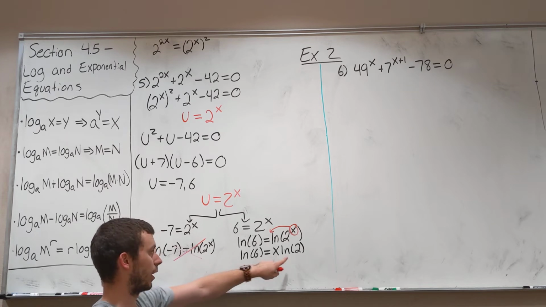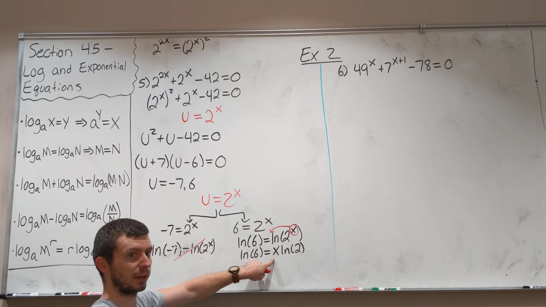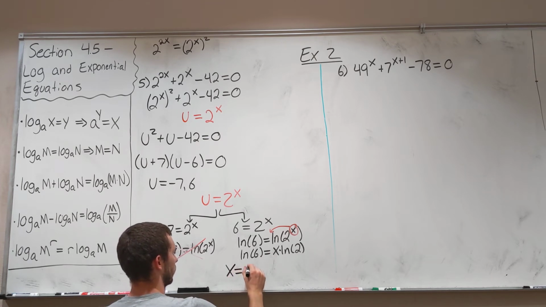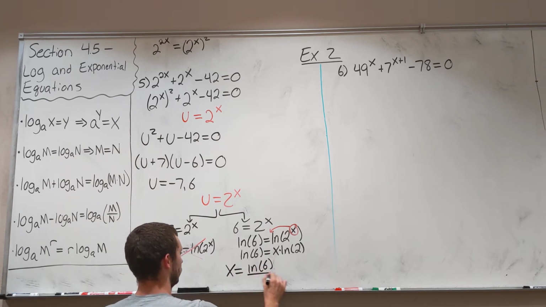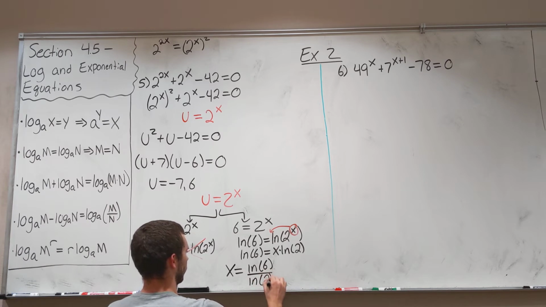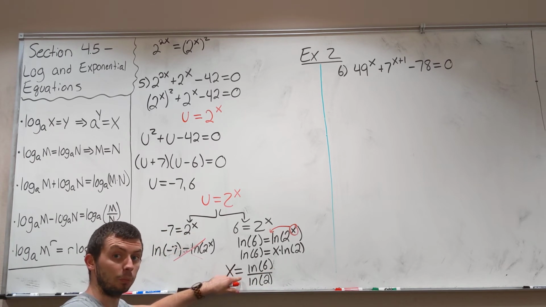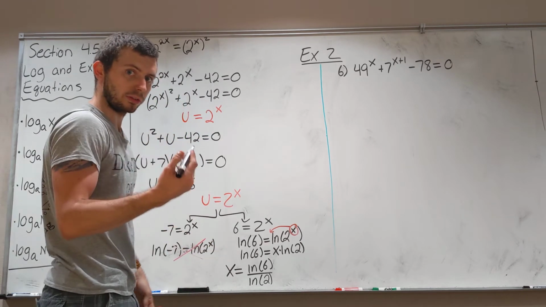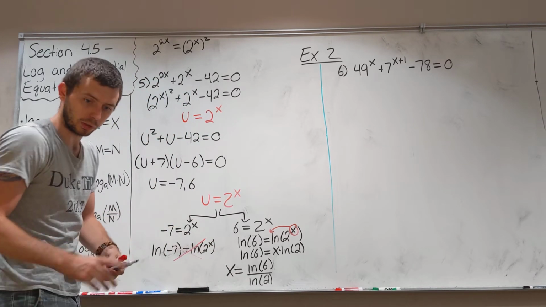Finally, all we have to do is divide by the natural log of 2 to get x by itself, because that's a product. And that would be our only exact answer. But of course, it will want the decimal approximation as well.